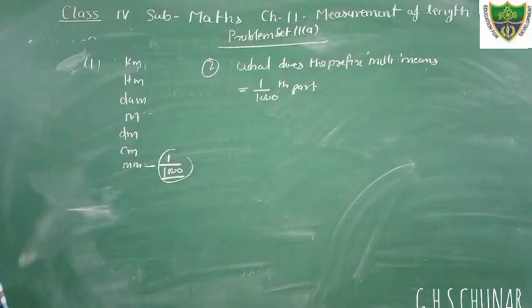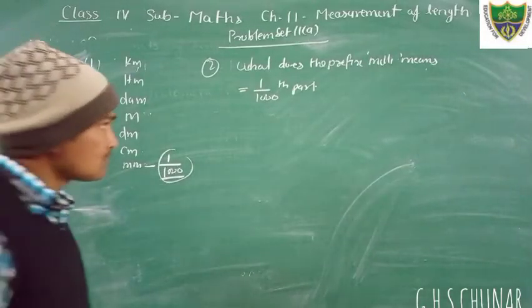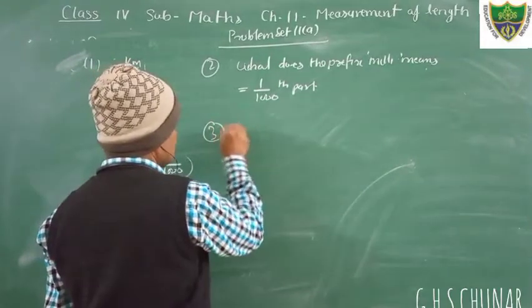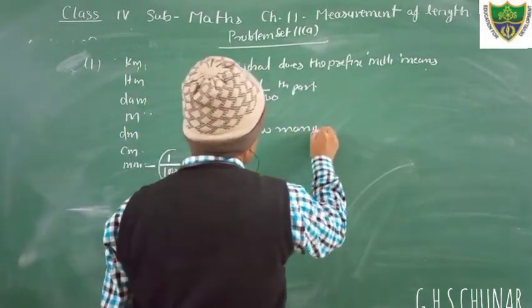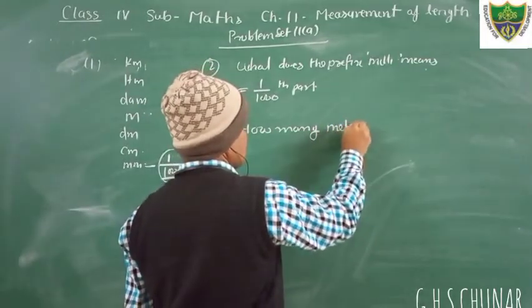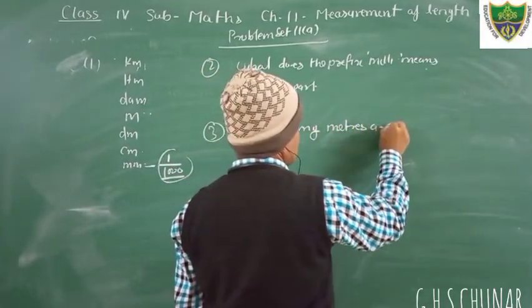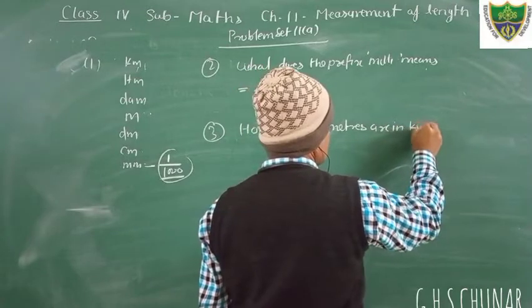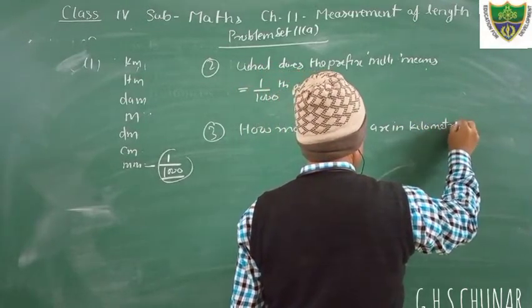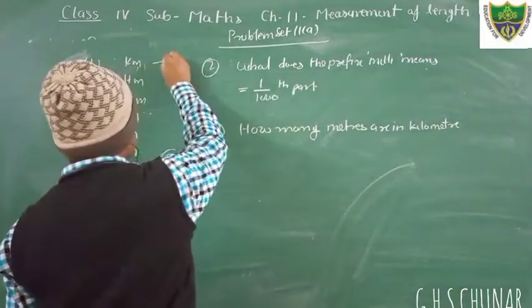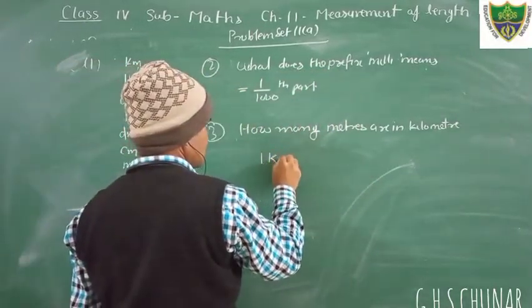Okay. Third, how many meters are in a kilometer? Here, 1 kilometer.